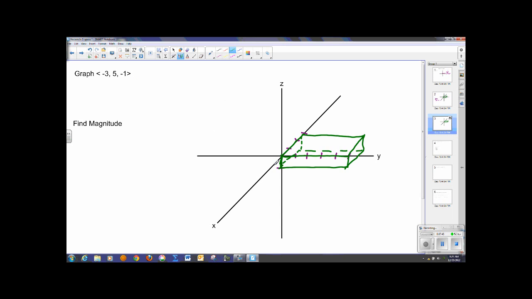I'm going to go back 3 for the x, out 5, down 1, which is going to put me right on this yellow dot. If I want to draw the vector, there I am. Okay.